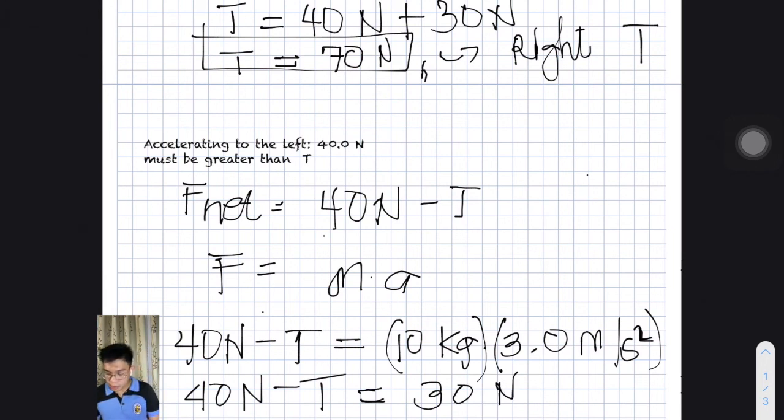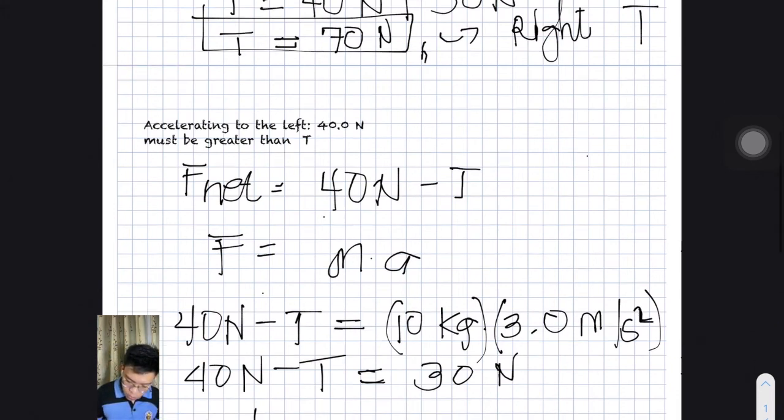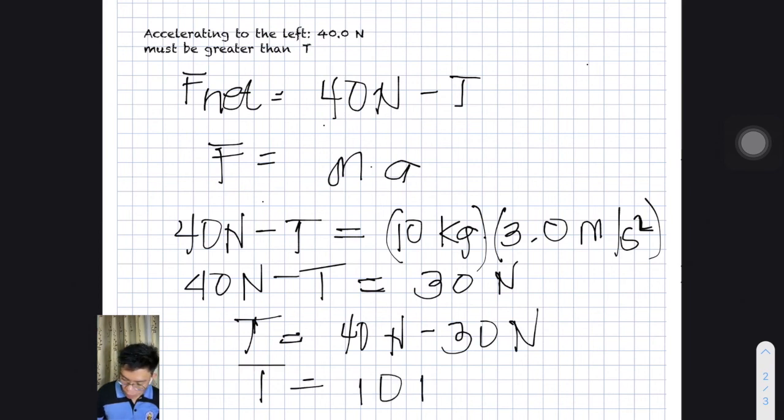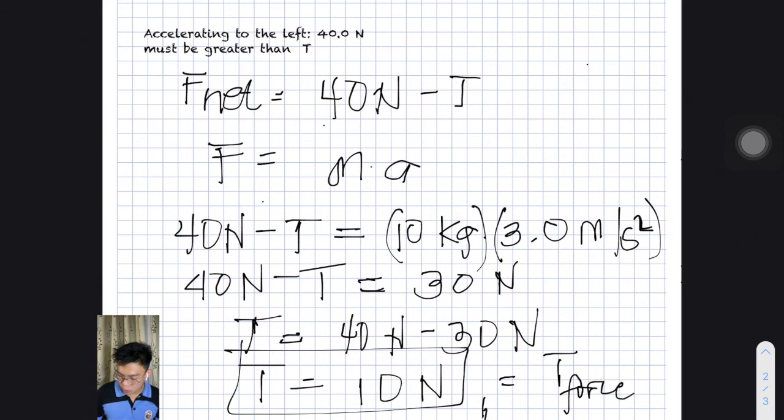Transposing the value to the other side of the equation, we will arrive at this: the tension force is equal to 40 newtons minus 30 newtons, and tension is equal to 10 newtons. This tension force is at the left side of our free body diagram.